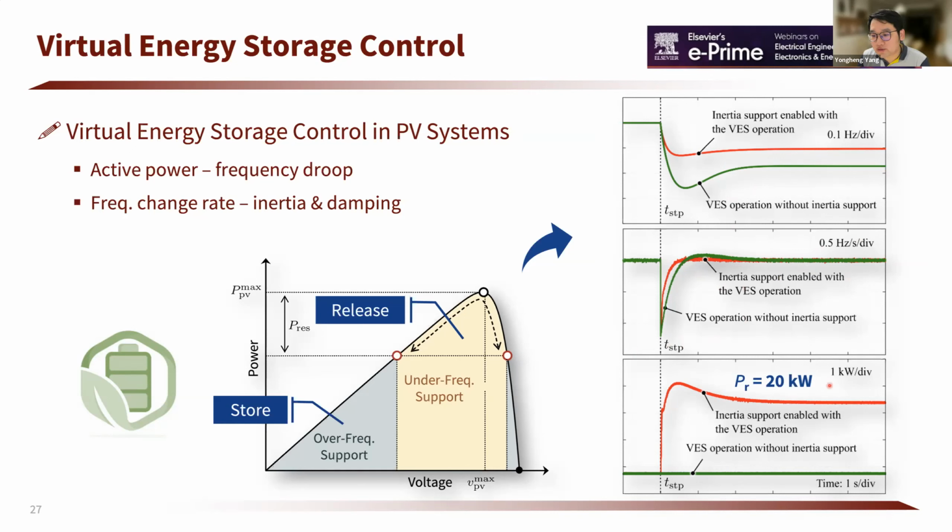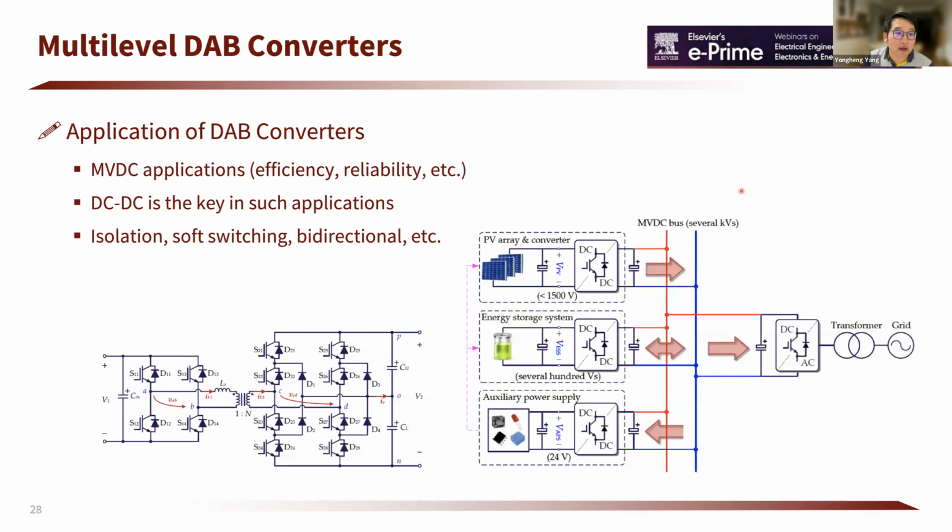The power rating is 20 kilowatts. In response to a frequency drop, we show how we can use this reserved energy to improve the frequency profile of the grid. And then for multi-level converter topologies, we give an example, this multi-level DAB converters.